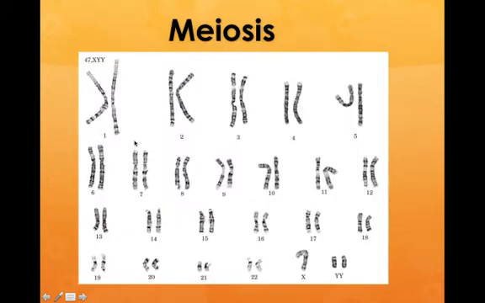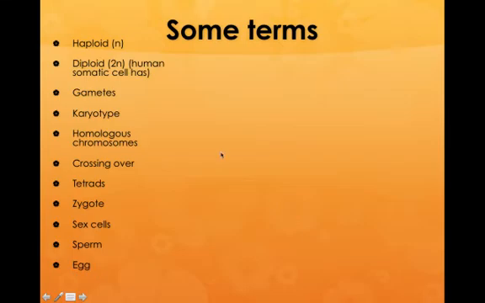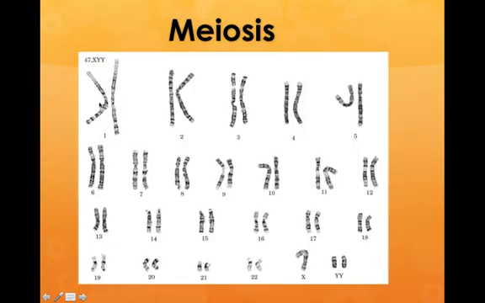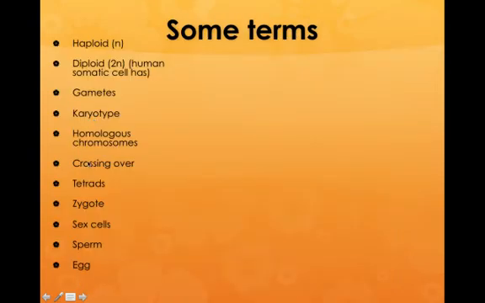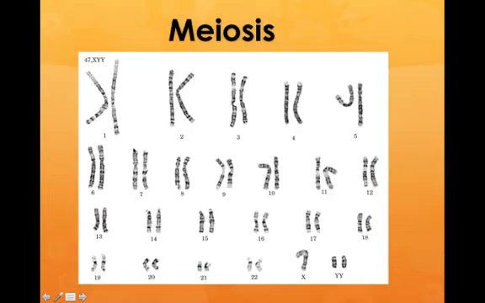A karyotype is a picture or illustration of homologous chromosomes. Again, homologous chromosomes are a pair of chromosomes that have the same general type of information but may not have the same exact information. All right. Crossing over is the process that we'll see later where homologous chromosomes actually exchange pieces with one another, which increases genetic diversity.